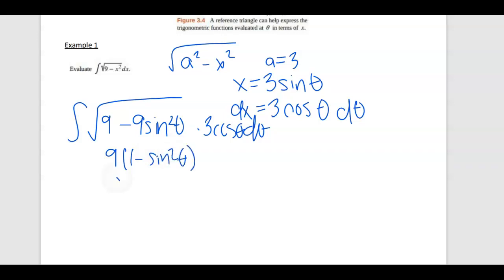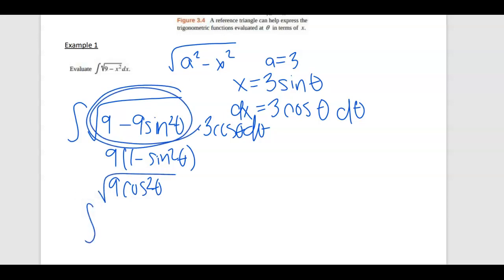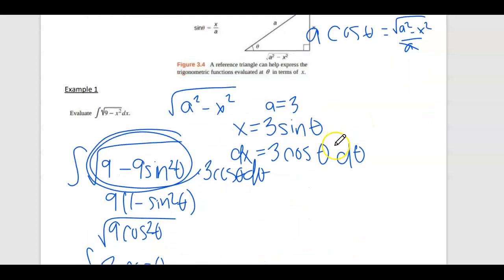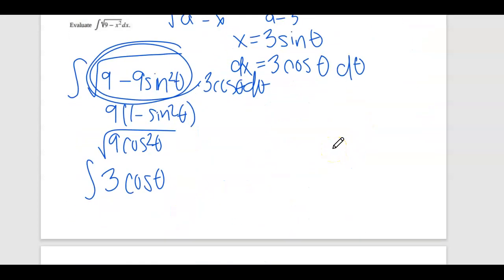Well, 1 minus sine squared is cosine squared. And so this radical, once I take the square root of that piece, I'm going to have 3 cosine theta. And if you notice back up here in the notes, that's what we should get when we do that substitution. That's what we should end up getting on the outside when we take the square root and do that trig sub with the Pythagorean identity.